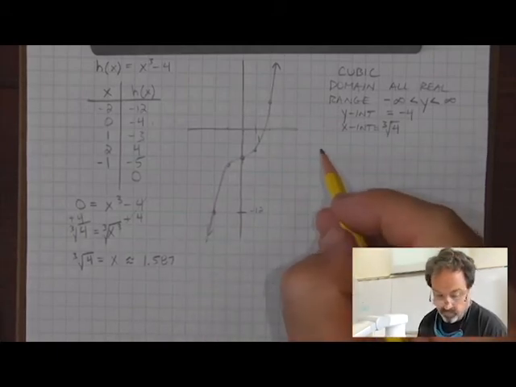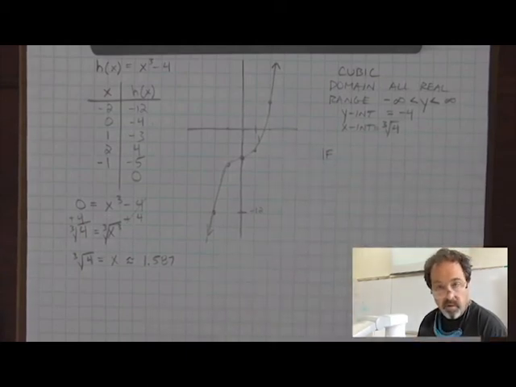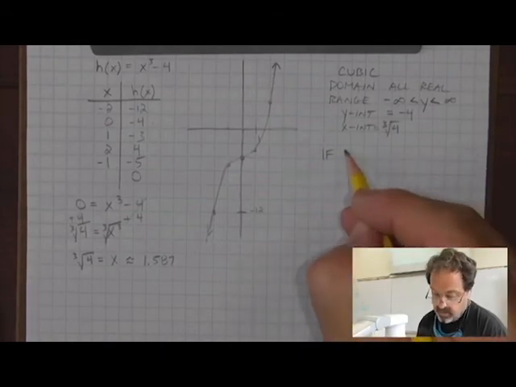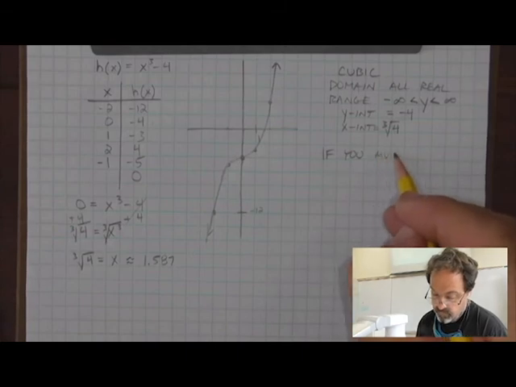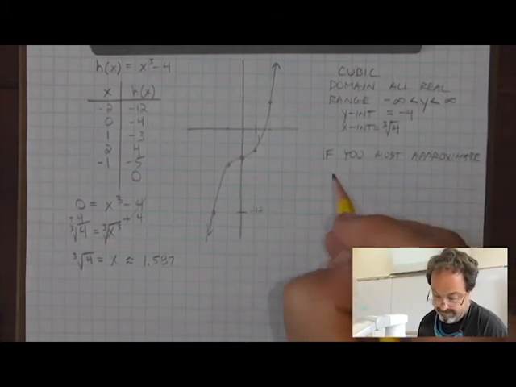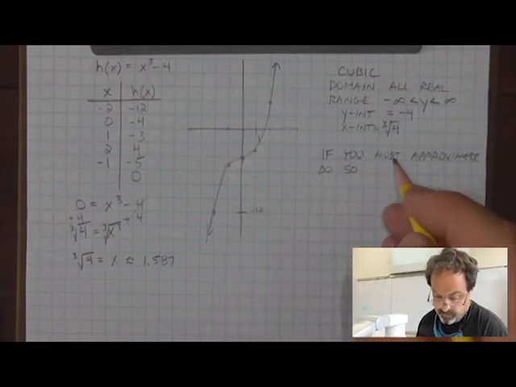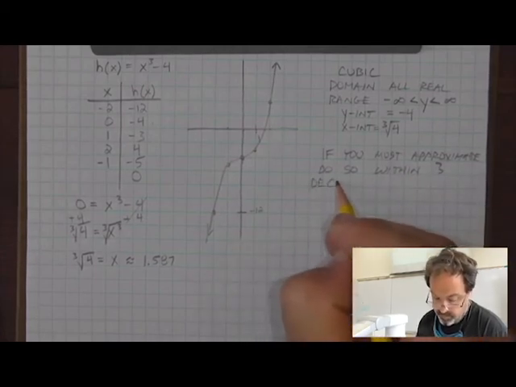And as a general rule, we're going to write this down because this is important for high school and college mathematics, that as a general standard, if you must approximate, do so within 3 decimal places.